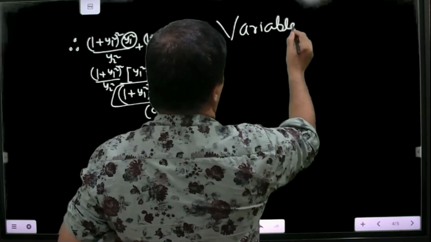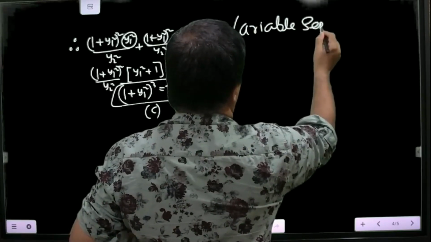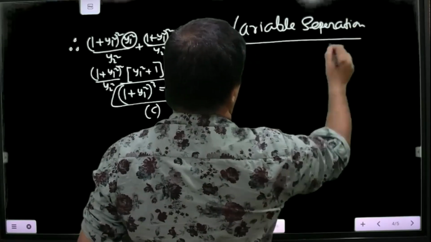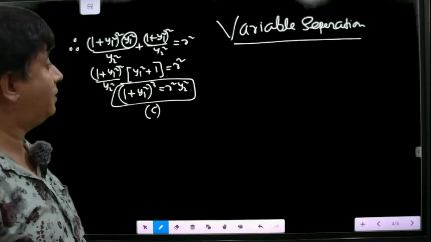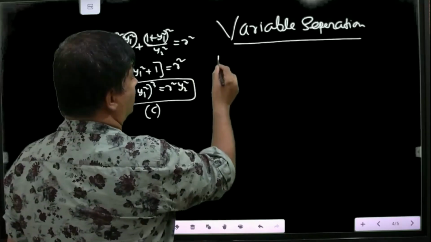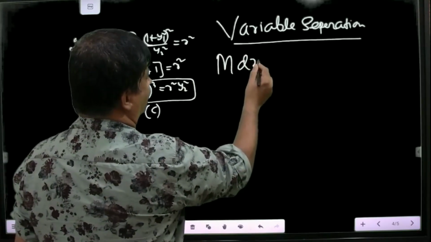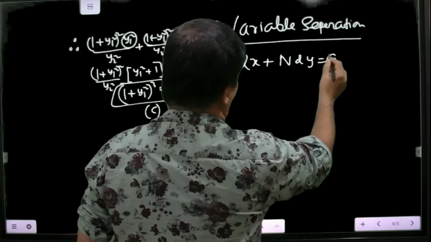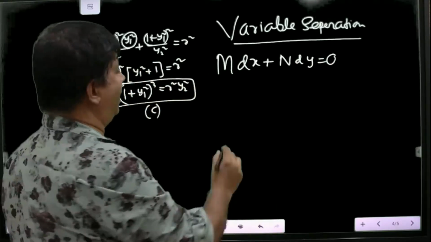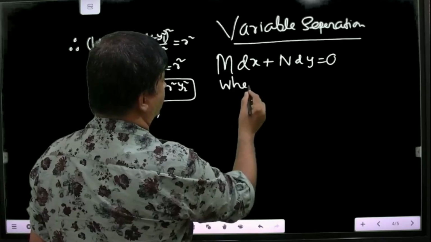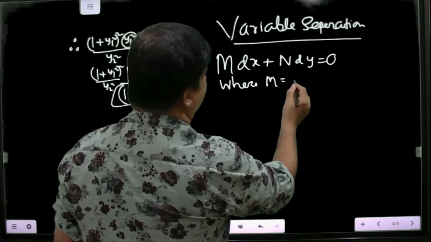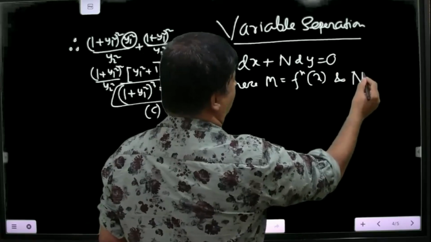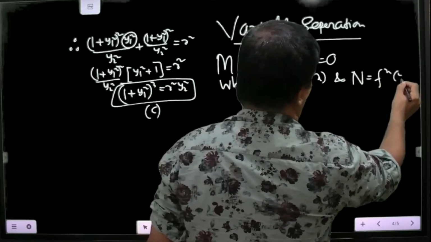Next part of differential equation is variable separation. What is that? Suppose you have got a differential equation of that type, where m is a function of x and n is a function of y.